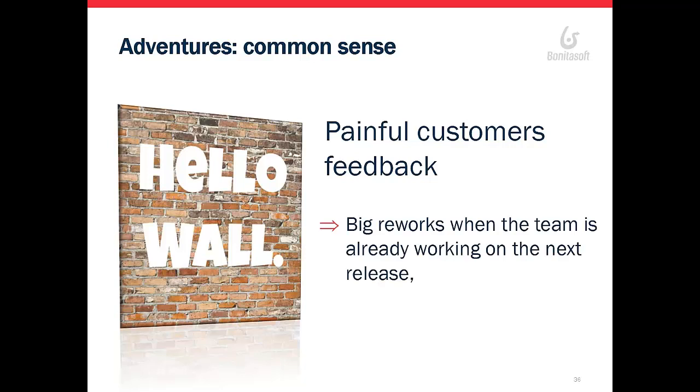So you have big reworks when the team is already working on the next release or on another project. And it means amendments to the contract you have with your customers, and then it gets tense. Because you have said everyone has common sense, so it should work with our users, but it doesn't.